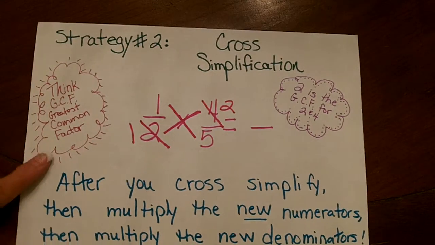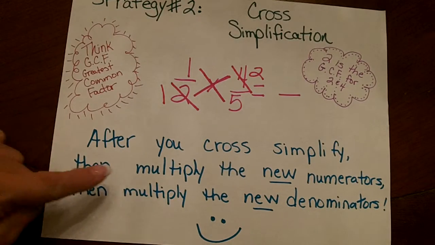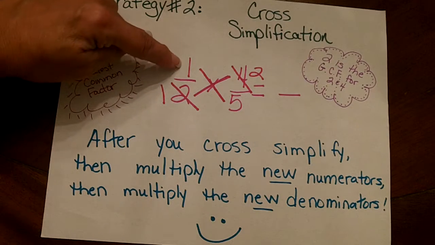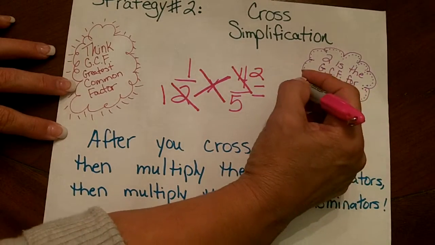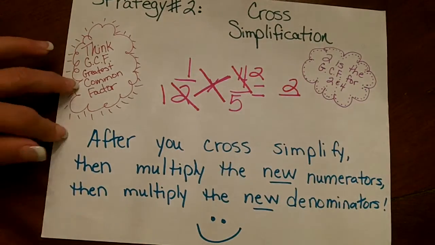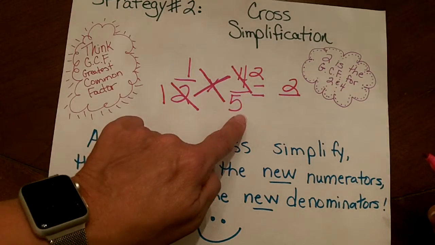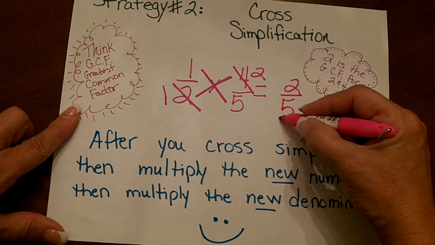Now I'm going to do like I usually do. After I cross simplify, I'm going to multiply my new numerators. 1 times 2 equals 2. That's my new numerator. Now I'm going to multiply 1 times 5 and I'm going to get the answer of 5.